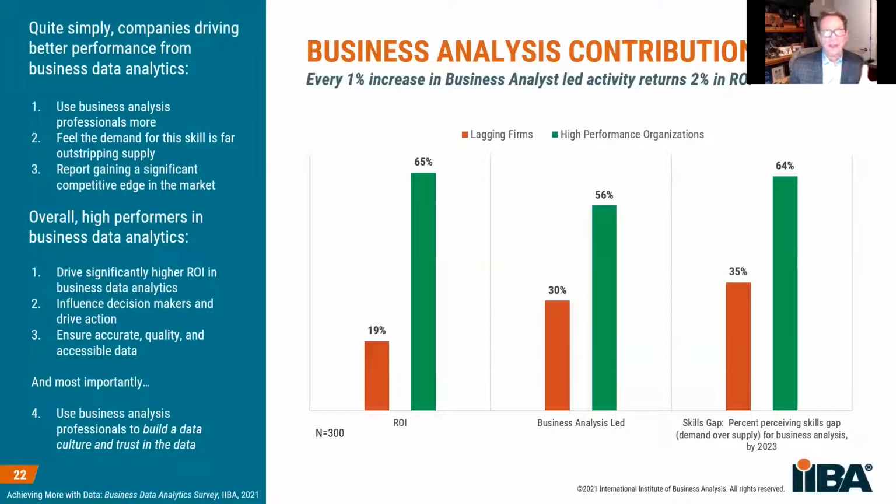Now, a very large percent of organizations are laggards out there. Unfortunately, it's like two thirds of them, 65%. I'd rather be in that camp, 3X. I'd rather be the guy getting that kind of return. But take a look at the difference in terms of business analysis led. It's like twice as much use of business analysis, and they are really good at those 6 BDA practices.